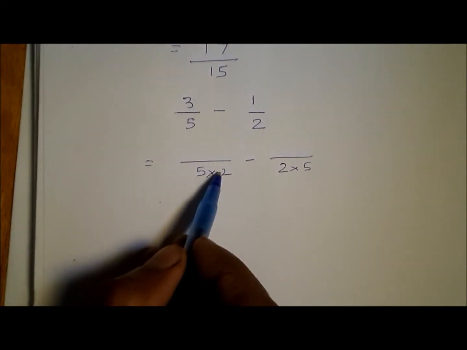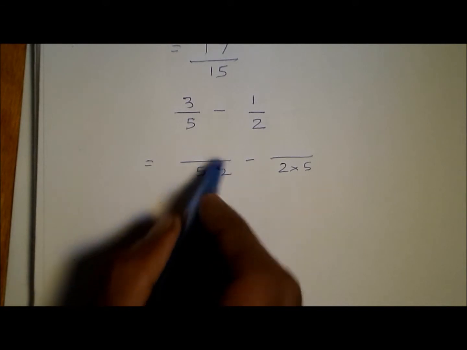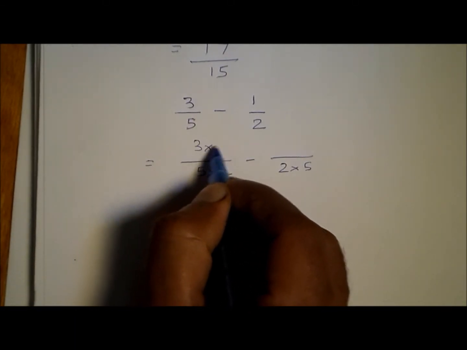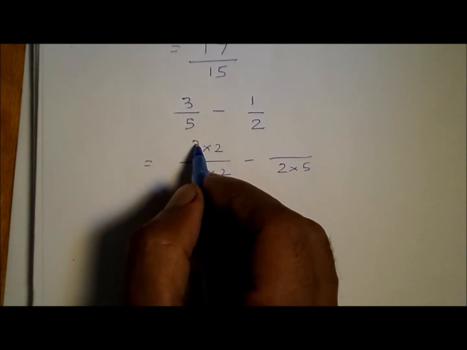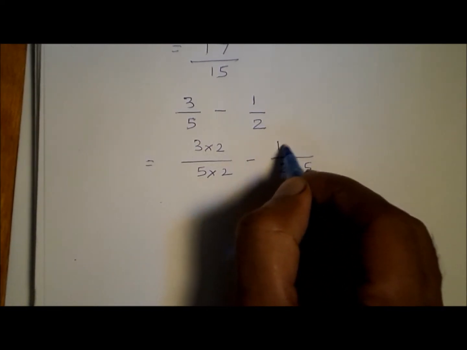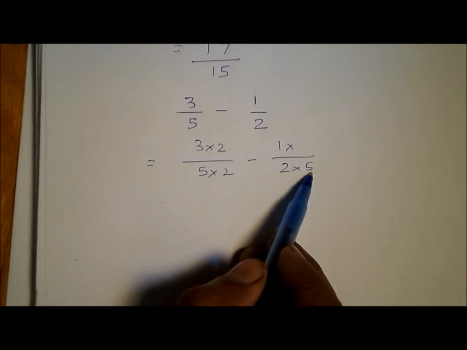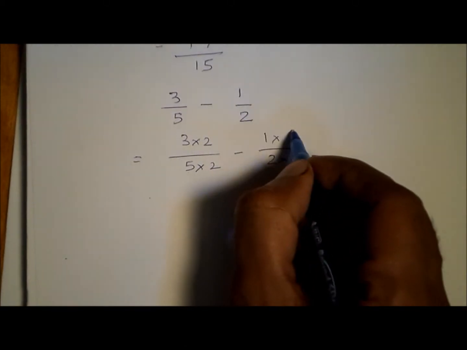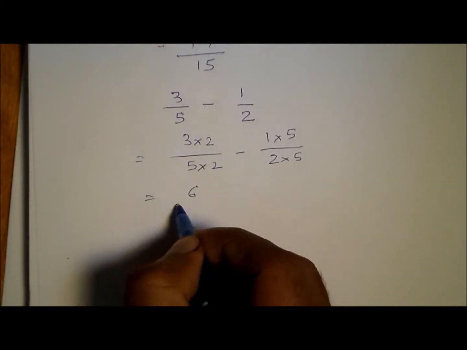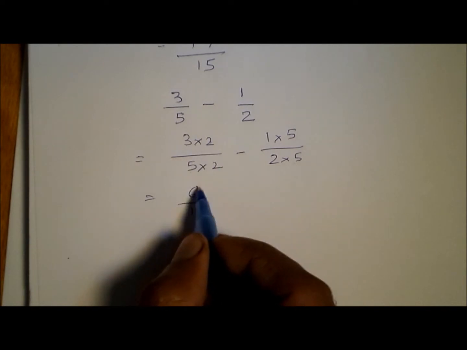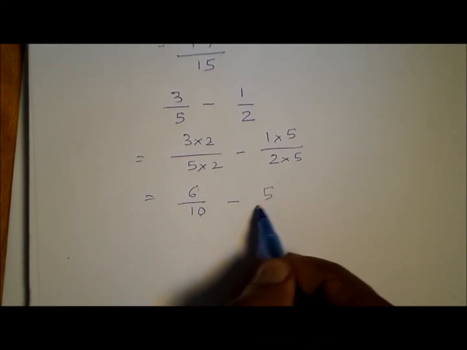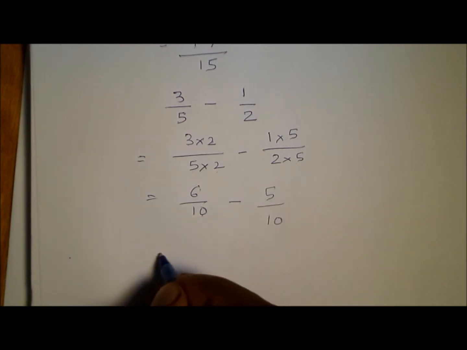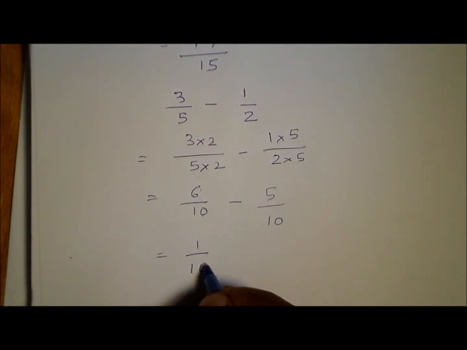Since we have multiplied 5 by 2, to keep the fraction the same we multiply the numerator also by 2, and here we multiplied by 5, so we multiply this also by 5. It becomes 6 by 10, 3 into 2 is 6, 5 into 2 is 10, minus 1 into 5 is 5, 2 into 5 is 10. This becomes 1 divided by 10.